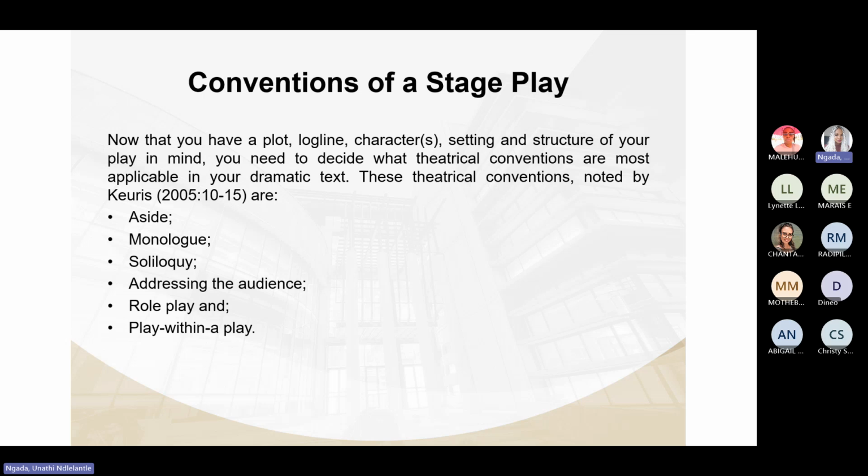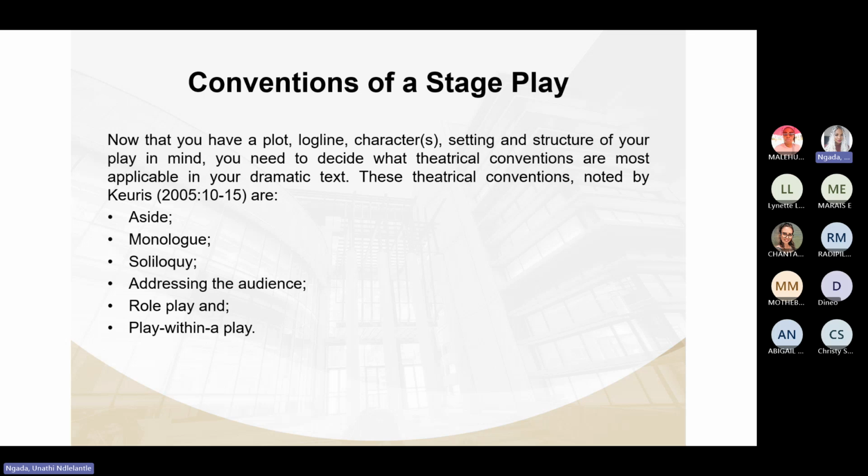If perhaps you were writing a play and you wanted to get it published out there, then perhaps you might find yourself using all of the theatrical conventions in playwriting. But in the case of your portfolio, try and be very selective in terms of which conventions you want to use, right?